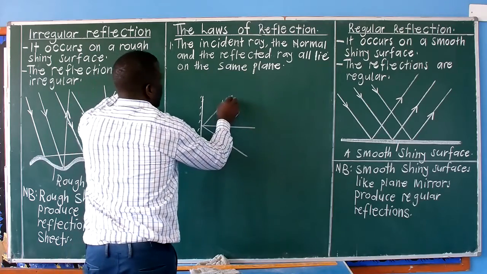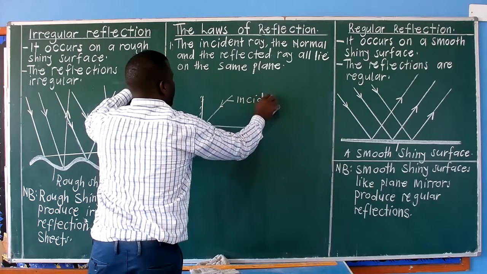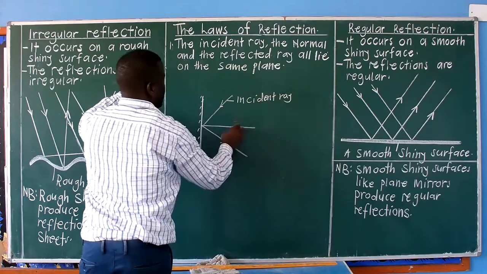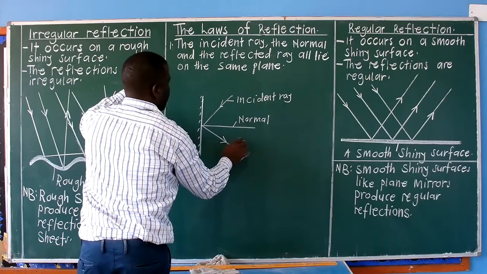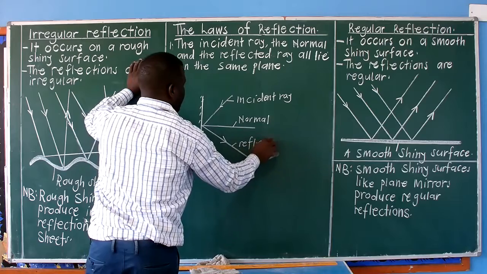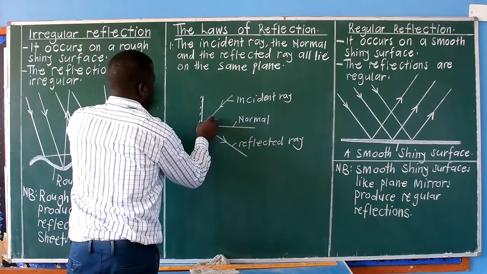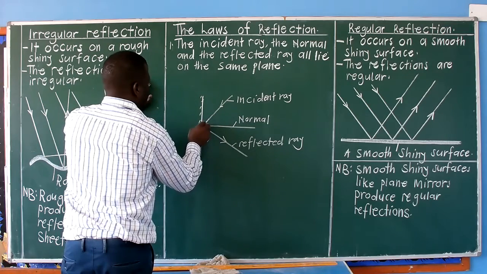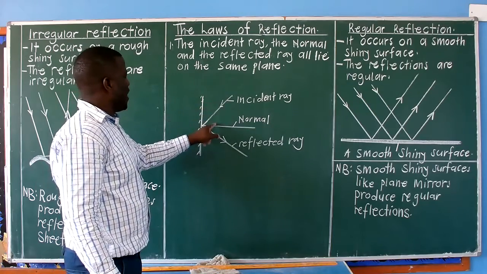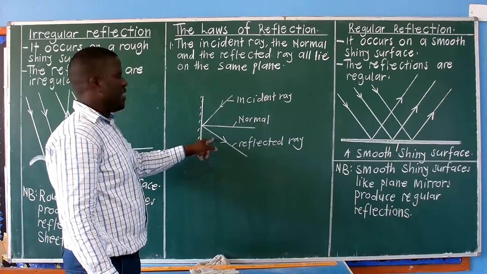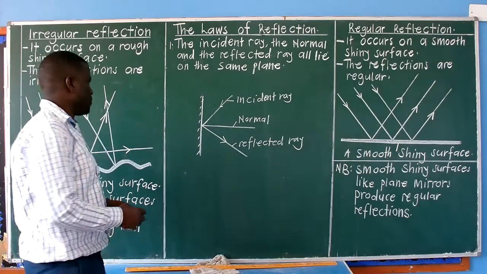The incident ray, the normal, and the reflected ray, all of them lie on the same plane. That is a law of reflection.